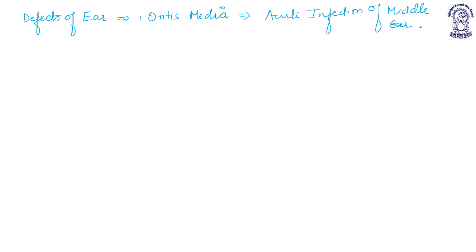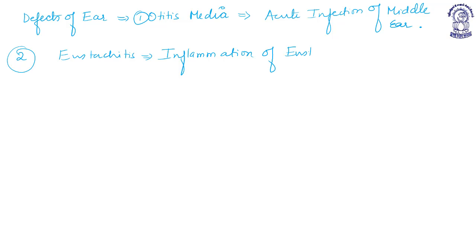Then eustachiitis, inflammation of eustachian tube. Labyrinthitis disease. It is because of the malfunctioning of inner ear.